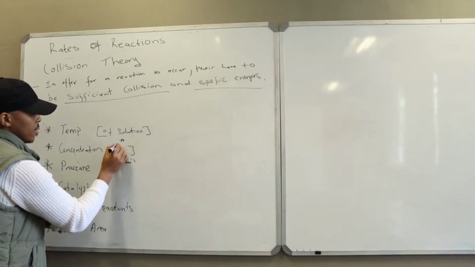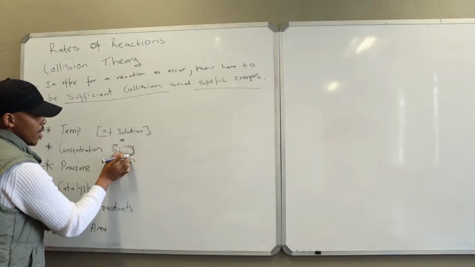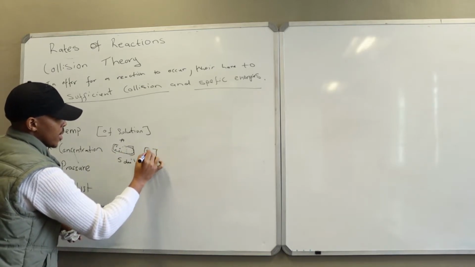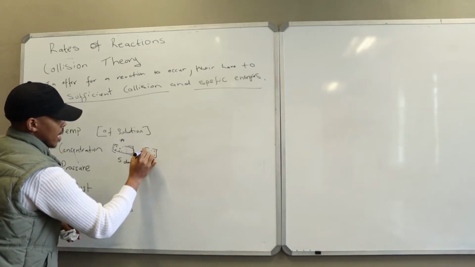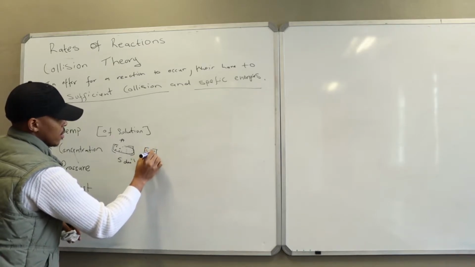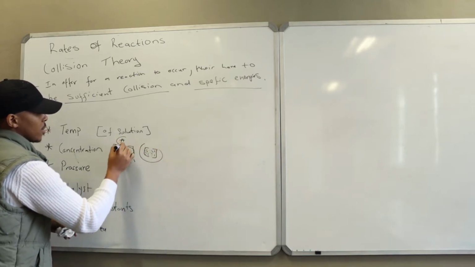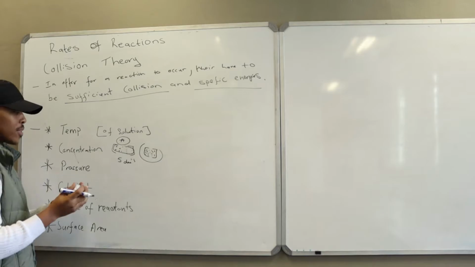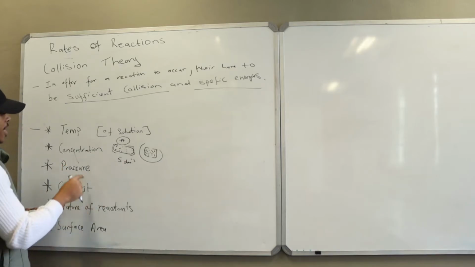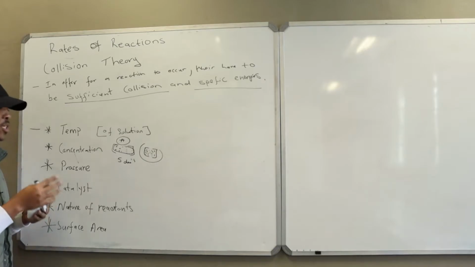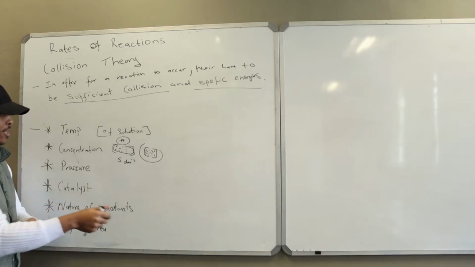And then we take the same amount of reactants and put it in half the area. So a smaller area, but exactly the same amount of material. So this would then have a higher concentration than that one. So it's how much chemical there is in a given volume. That is the concentration of the solution, or the reactants, or the products.